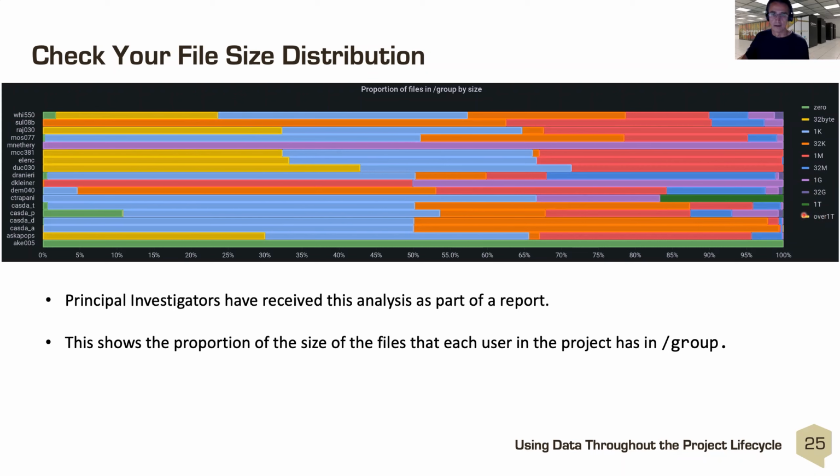No, it should be over 32, because this is the sequential scale. It goes from green to higher. So yeah, it should be 32 terabytes. It's around 20%, and around another 25% of the files are of 1 kilobyte size. So not very big files for that user, and likewise for all the users in the project.